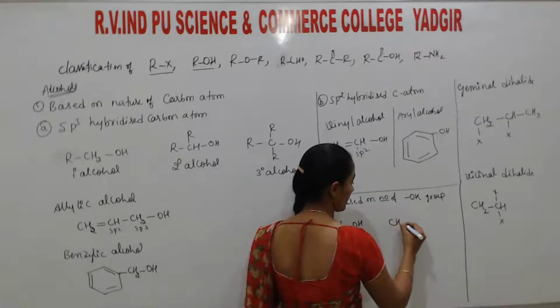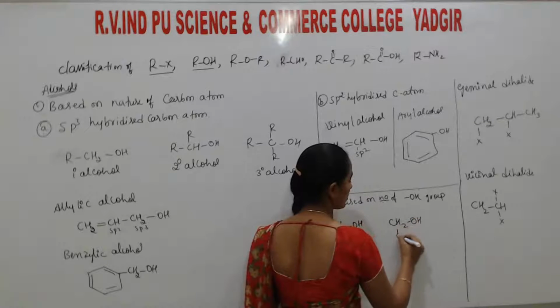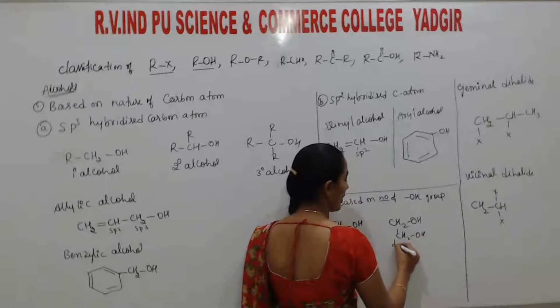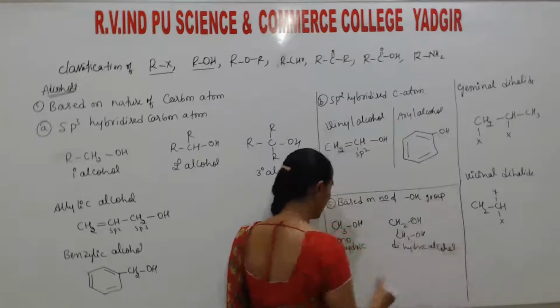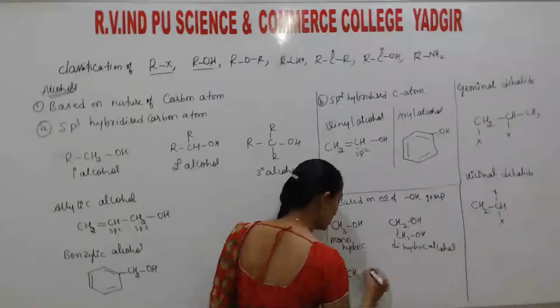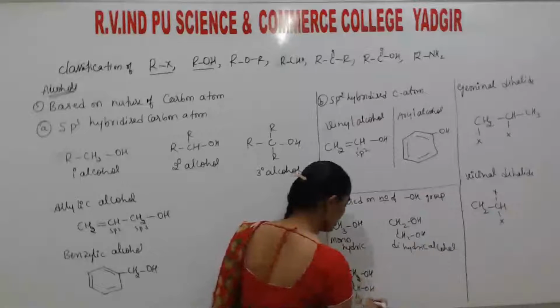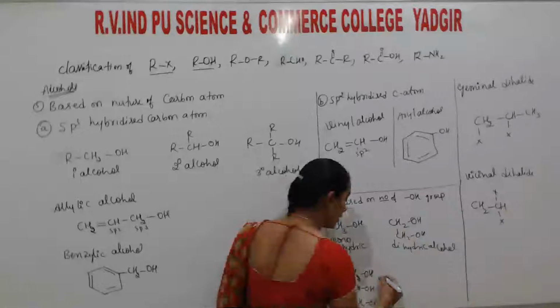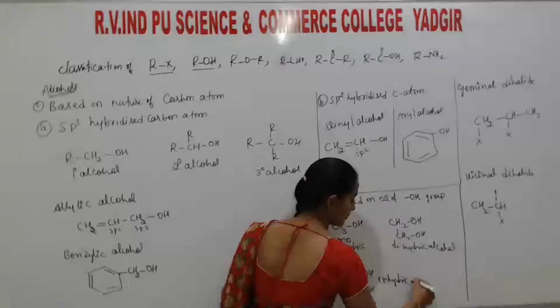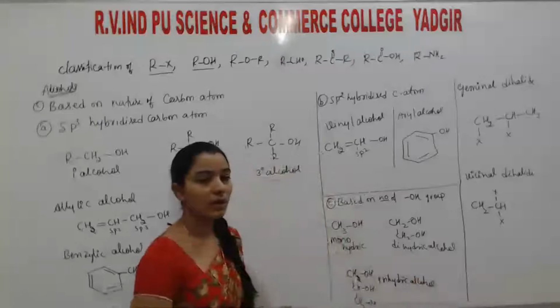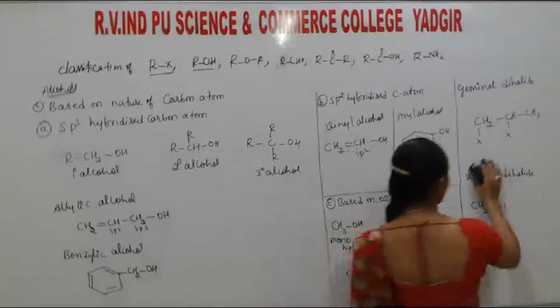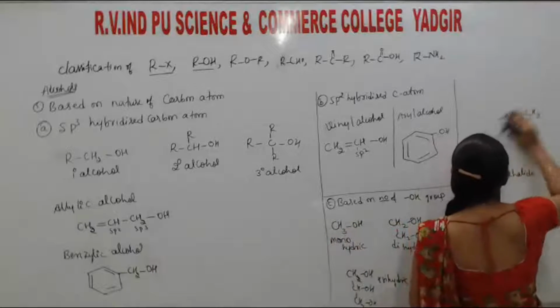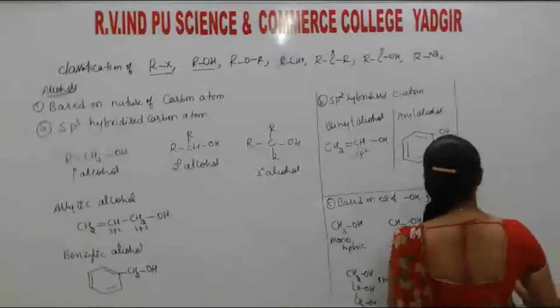Next here it is CH2OH, CH2OH, dihydric alcohol. Okay, next CH2OH, CHOH, CH2OH. That is trihydric. Means based on the number of halogen atoms, they are classified as mono, di, tri. And there is no vicinal, there is no geminal. They are set. Remember.